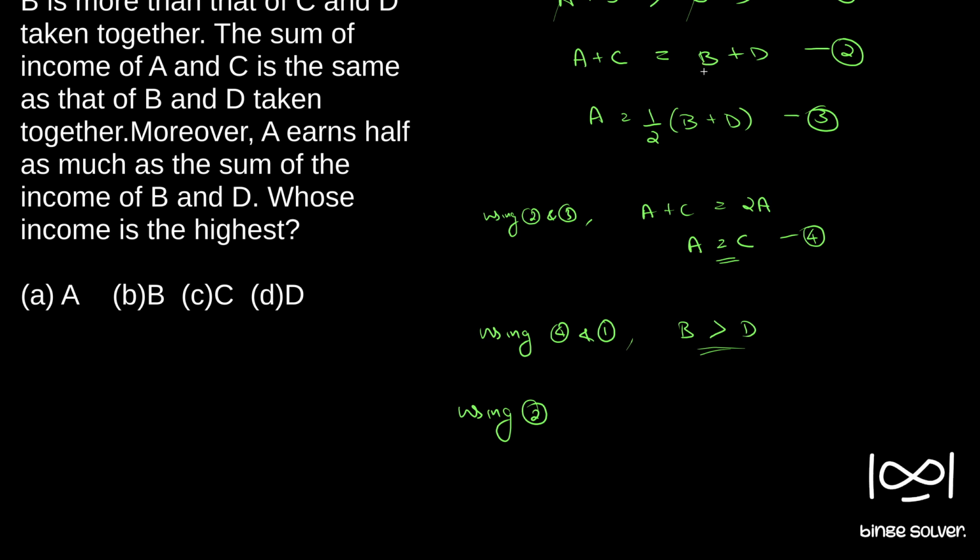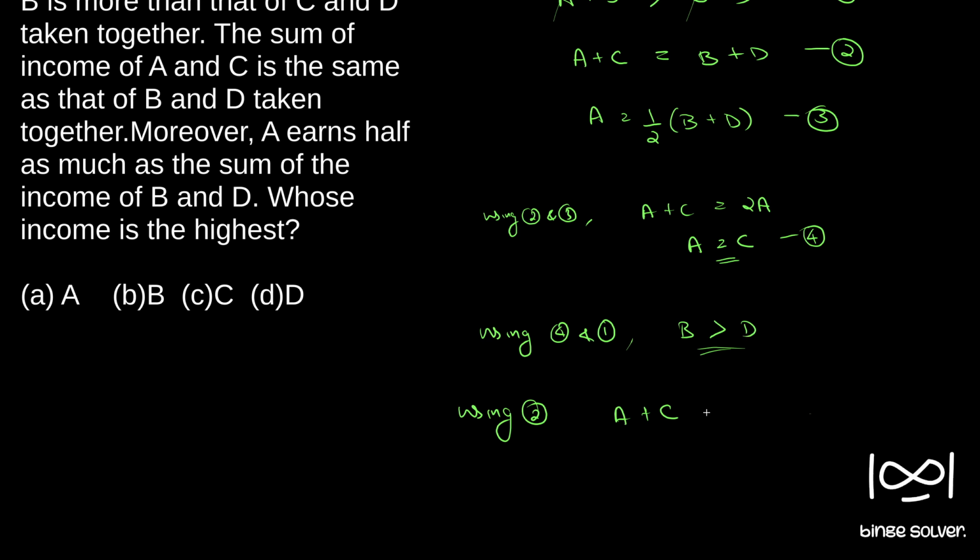From equation 2, if you see, A plus C is equal to B plus D, right? So if you substitute B with the smaller number D, what happens? A plus C becomes, we have reduced the right hand side, right? We substituted with a smaller number. Or we can substitute with a larger number, that is your choice.